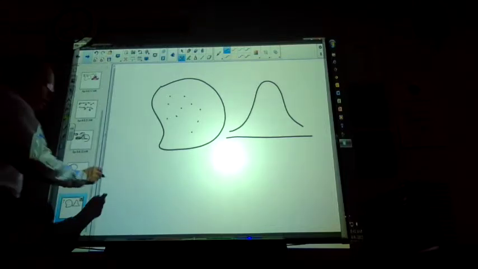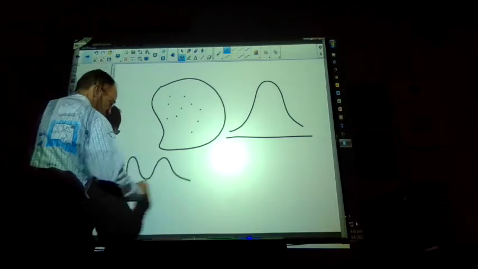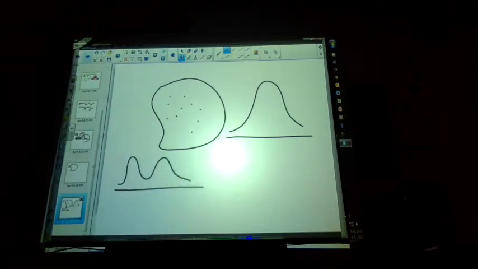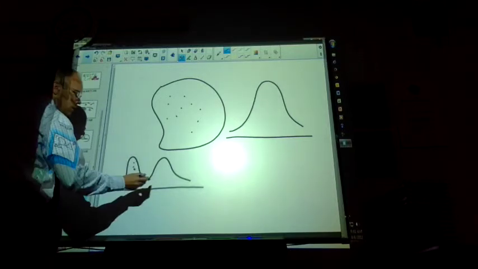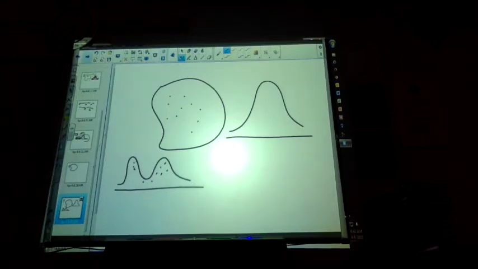If the population is not normal, so we get this bimodal situation, the sample may be normal. Okay, so that's the key.